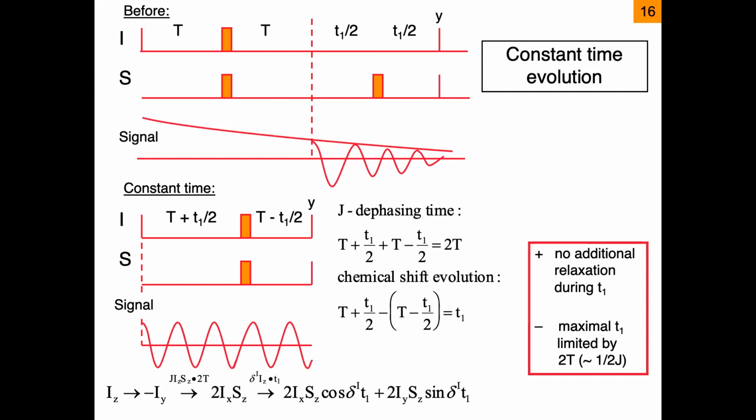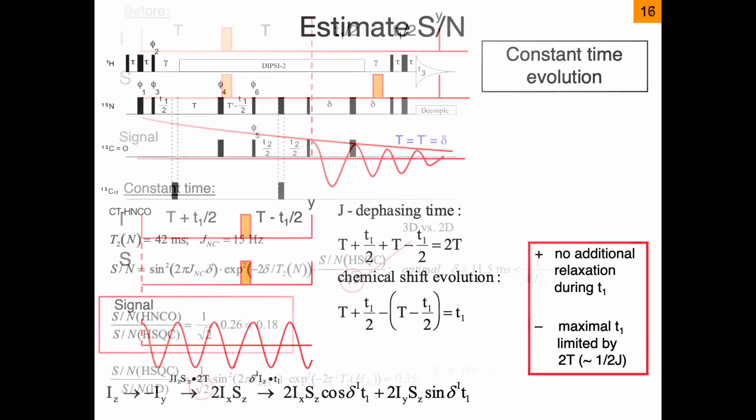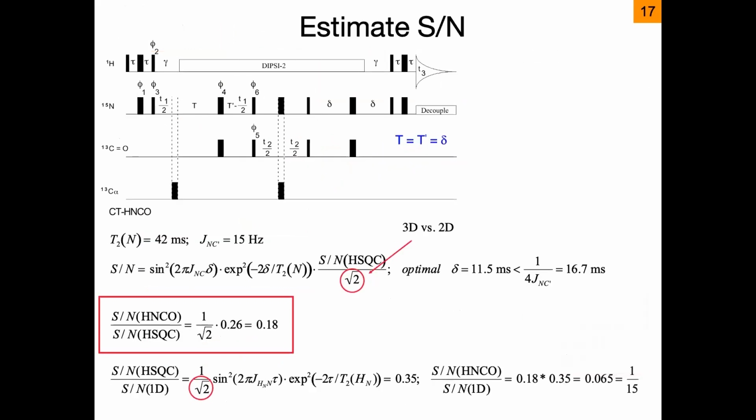So now we have understood the pulse sequence itself, but now we can analyze quantitatively how efficient the transfer is. And to compare this to experimental data, you need an experiment as a reference. What you could do in this case is an HSQC as a reference, a proton-nitrogen correlation spectrum. And now you think, how intense are your resonances relative to the 2-dimensional HSQC spectrum?